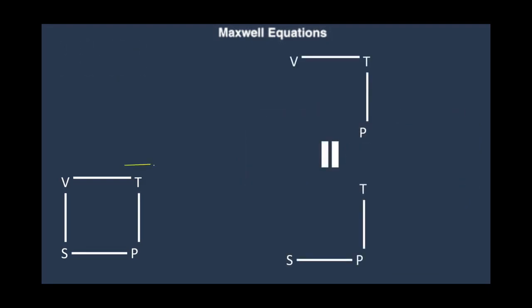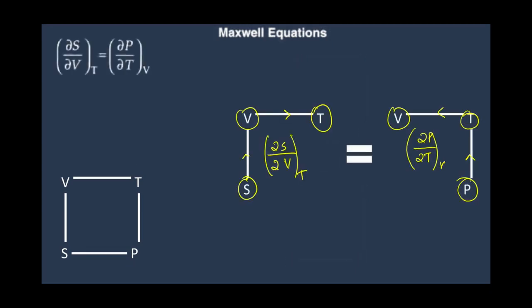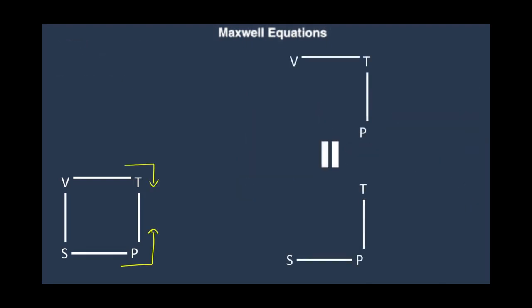Going to the third set of equations, like this we have to go. Since we are going upside here, if we put negative on both they will cancel out, so no need to put it. But in this case we have to put negative because we start from here, going upside, and here it is down.